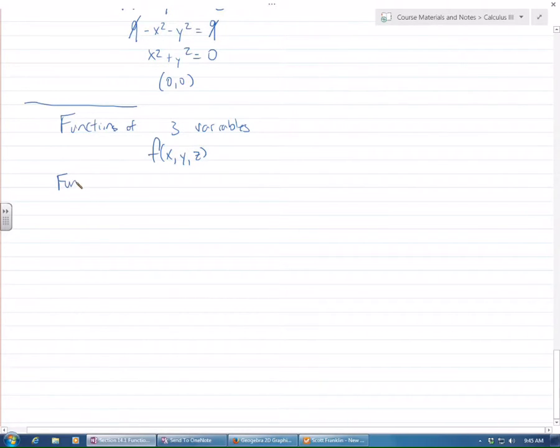We can have functions of n variables, f of x1, x2, x3, up to xn. You can have any number of variables and have a formula that outputs a single number based on those different inputs.